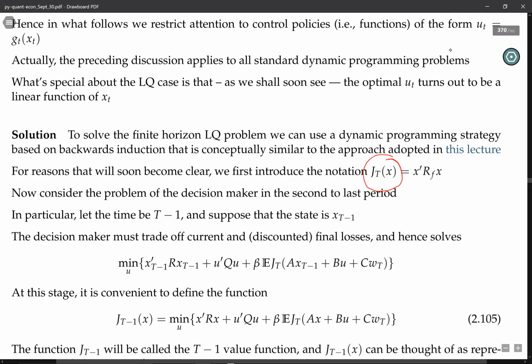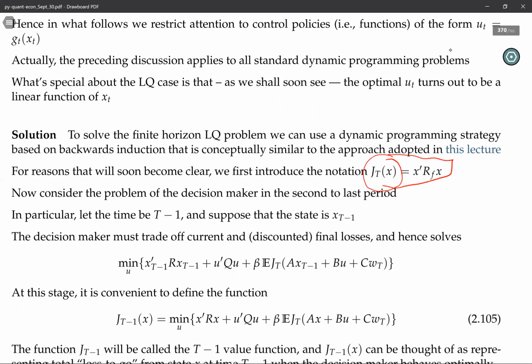So this is going to be the value of the problem starting in period capital T, when you face state x. And this is just going to be our terminal value. That's just the value at the end. And we made that up. We made up that matrix, that terminal value matrix, RF.